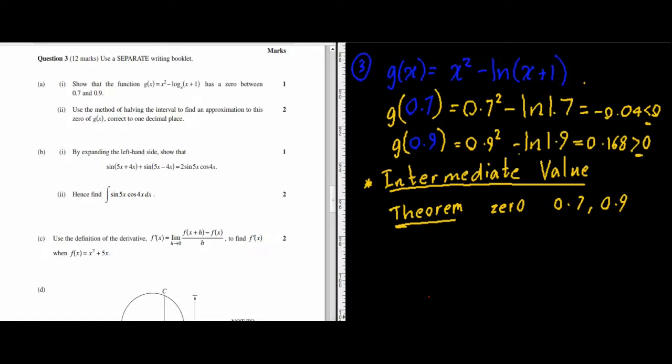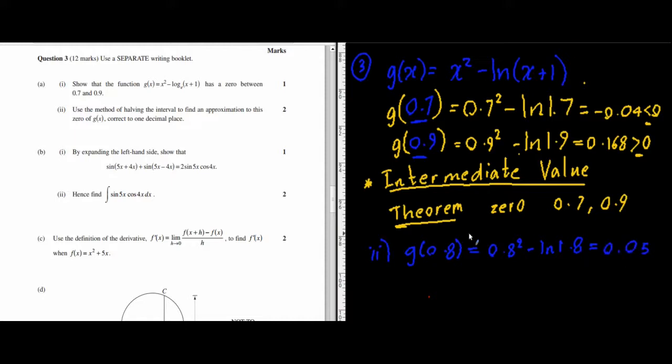Now part two of this is saying, using halving the interval method, find another approximation correct to one decimal place. The one decimal place is really important. Now we have 0.7 up here and 0.9. What we're going to do is use g of 0.8, and when I get 0.8 squared minus ln of 1.8, this turns out to be 0.05.